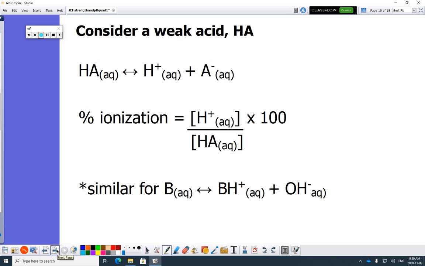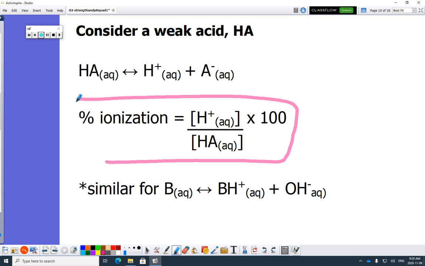Okay, so again, this is another formula that you would be given. You can do percent ionization, and the percent of something is how much is the part over the whole.